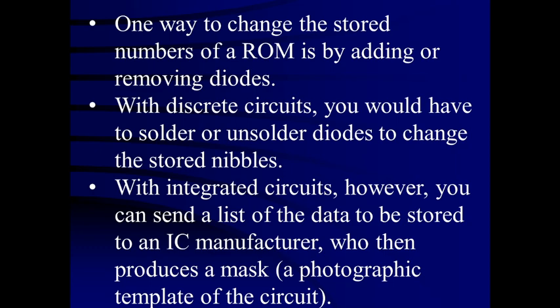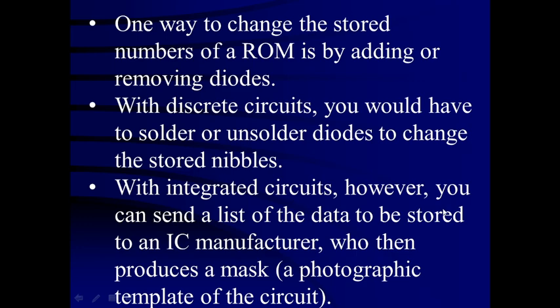According to your requirement, for whatever data you want to store at various memory locations or addresses, he will use the photographic template of the circuit and burn some of the fuses, and accordingly you will have permanent data stored according to your requirements.